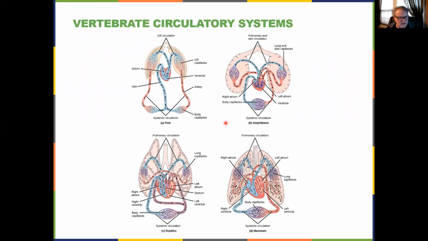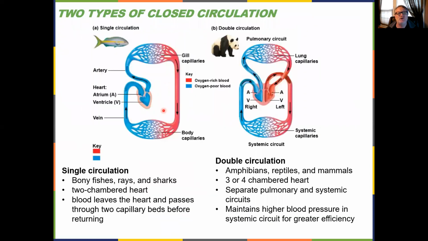And we'll look at each of these one at a time. So let's start with the fish. And this also allows us to demonstrate that within the closed circulation group, there's actually two subdivisions of this: single circulation and double circulation. Single circulation is what you see in fish.